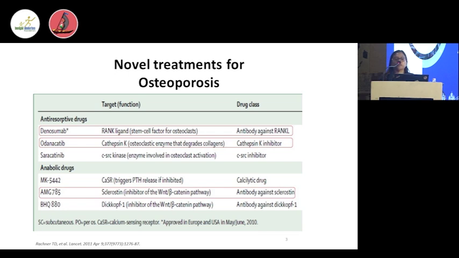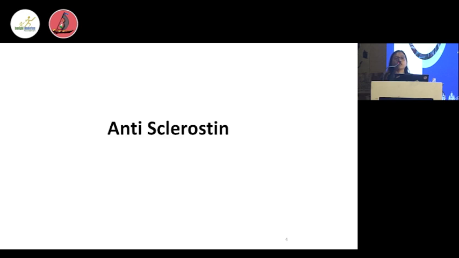With this introduction, this slide shows in the upper half the traditional approach which we are following, and in the lower half the current treatment regime. If we start with the bone resorption inhibitors, the anti-resorptive molecules, these drugs decrease or slow down the bone mass loss, with slight improvement in the bone mass, but they do not improve the bone microarchitecture, and their action is very slow, over a period of 3 to 6 years.